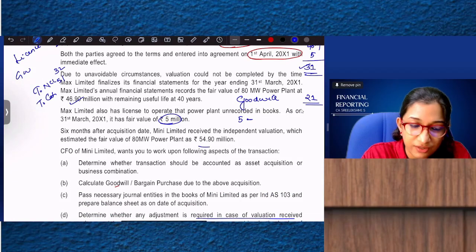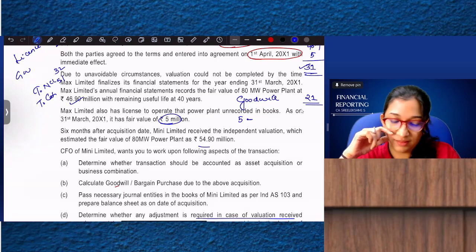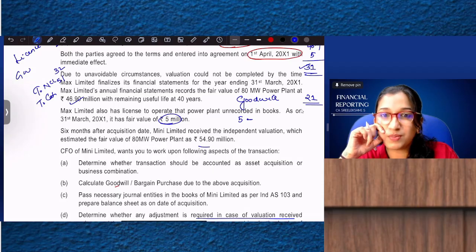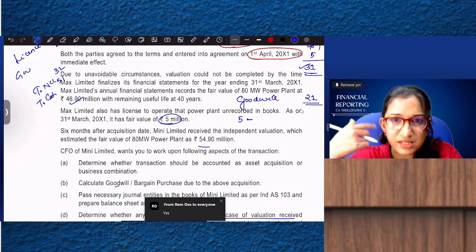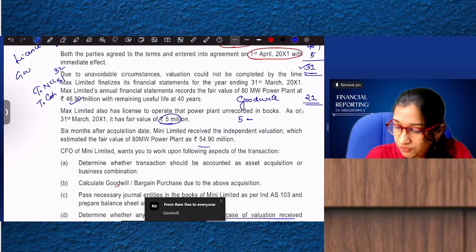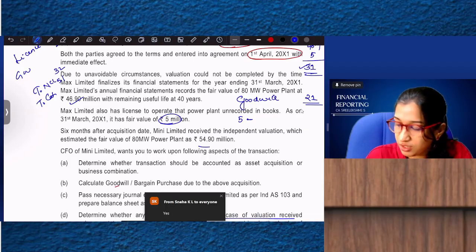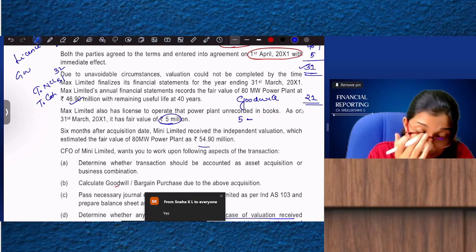Is a journal entry required to be passed? After 6 months, we obtained the new value. Yes. PPE value has increased by 54.9 minus 46.9, that is, by 8.